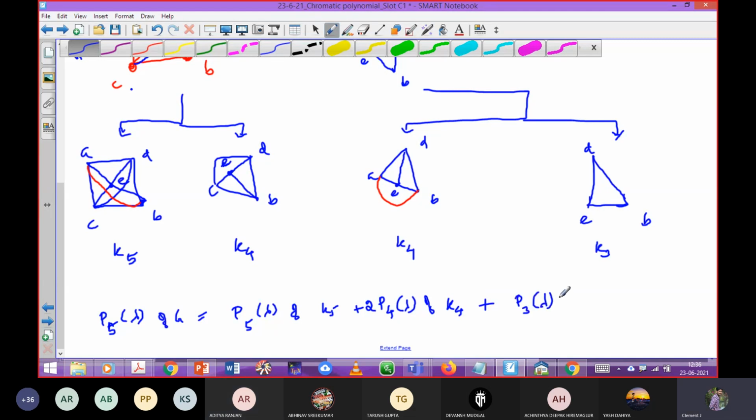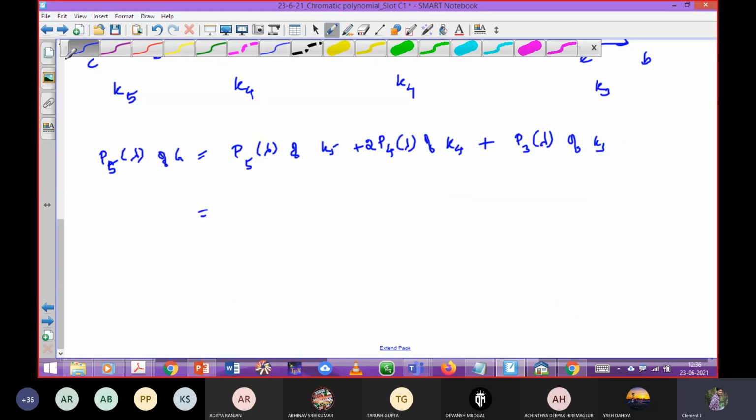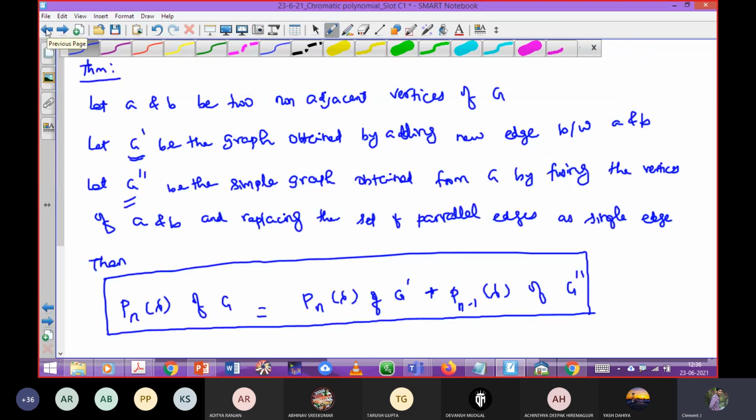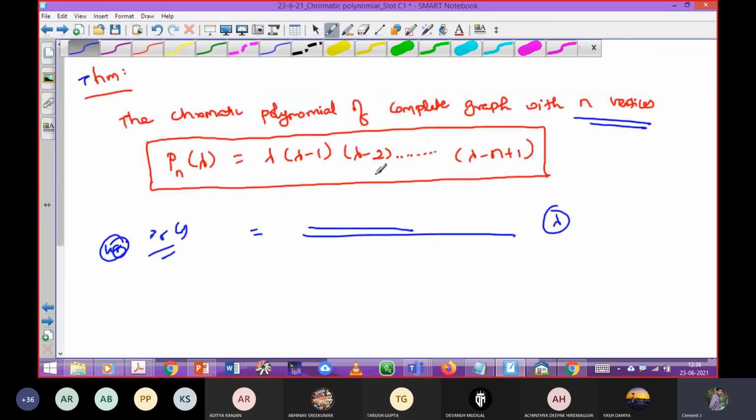So here your final answer will be written like this. The theorem says lambda into lambda minus 1 into lambda minus 2 up to lambda minus n plus 1. That is what the theorem says. So according to that, lambda into lambda minus 1 into, up to lambda minus n plus 1.